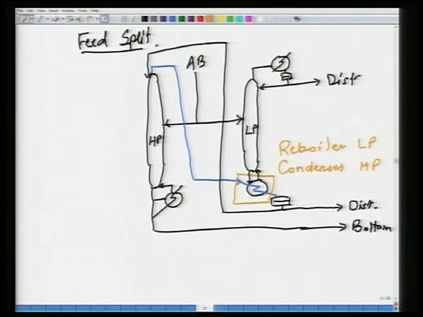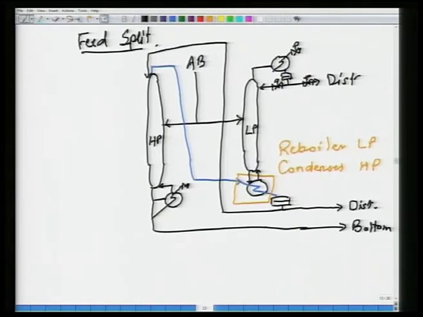Okay. Now, if we start looking at degrees of freedom, let us see, you got a valve here, you got a valve here, you got a valve here, you got a valve here.